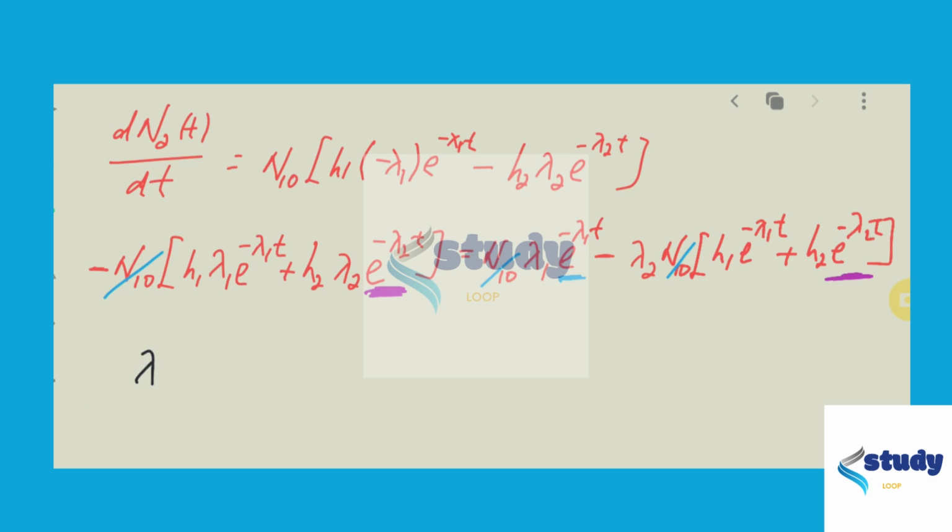So we have lambda 1 from here, and then we have minus lambda 2 h1, and then we have minus h1 lambda 1, but since there's a negative over here, it becomes a positive on the right hand side.